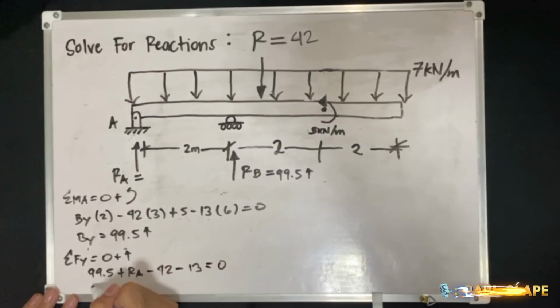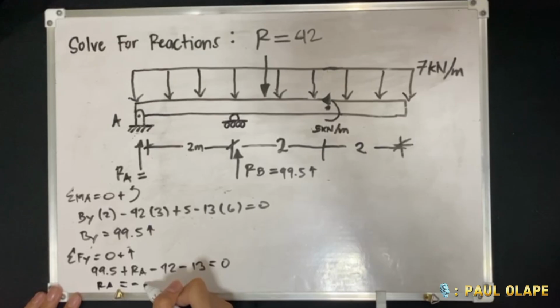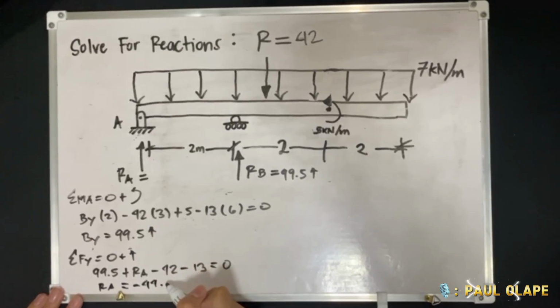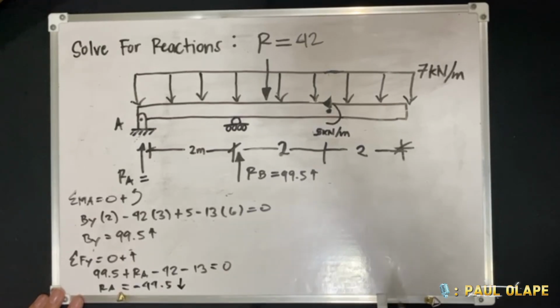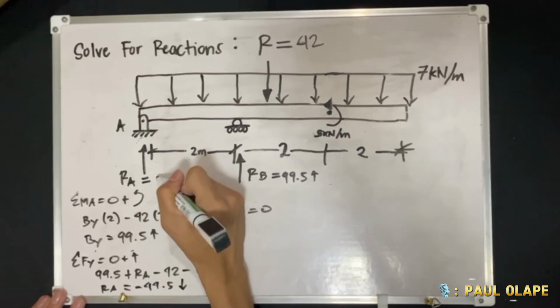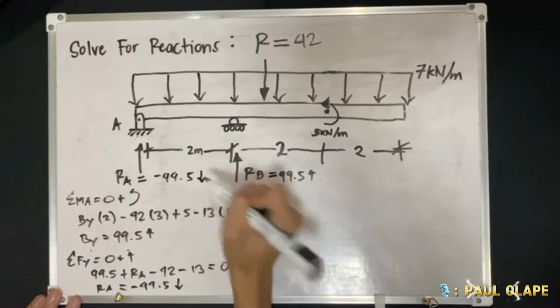Shift solve, RA is equal to negative 44.5. It is negative, so it is downward. So this is our reaction, downward.